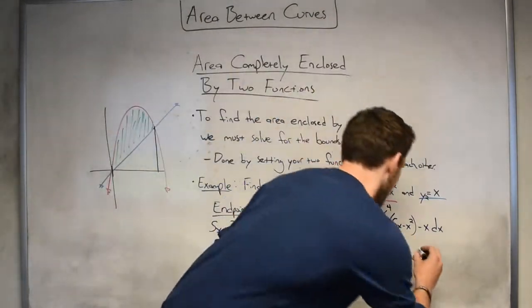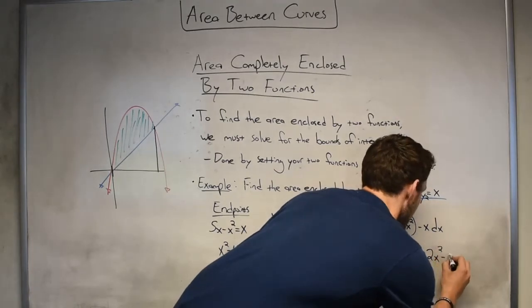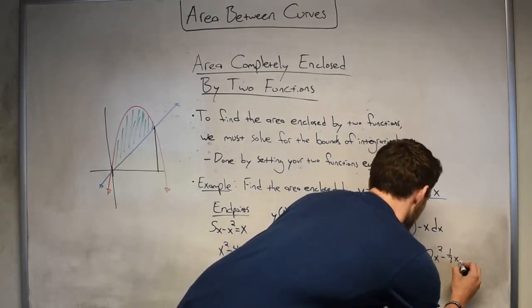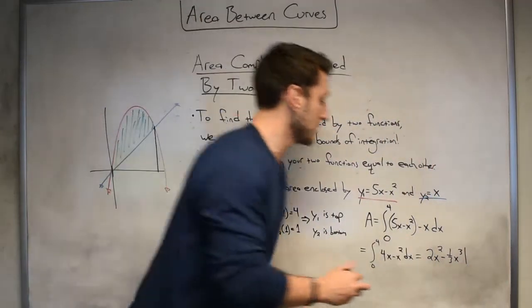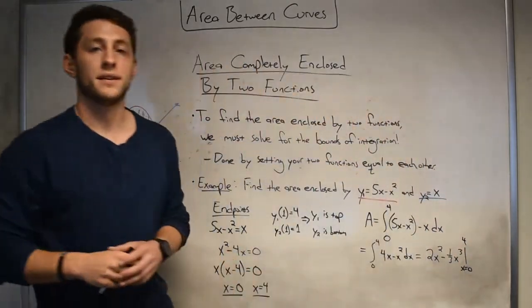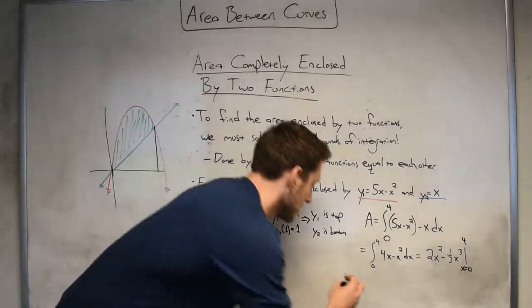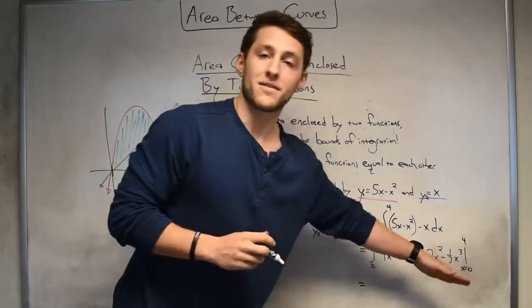From here we integrate. This gives me 2x squared minus 1/3 x cubed, two basic power rules, evaluated from x equals 0 up to x equals 4, which, if you notice, by plugging in 0, I'll just have 0.